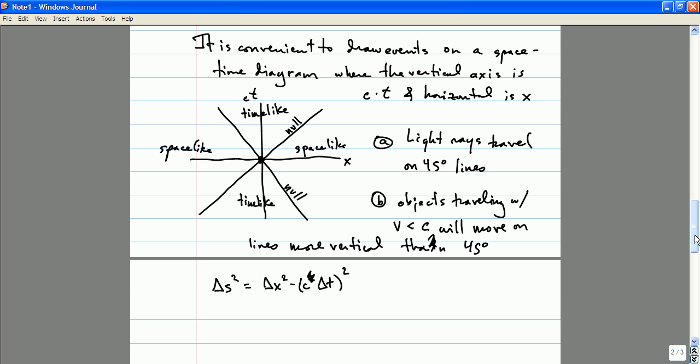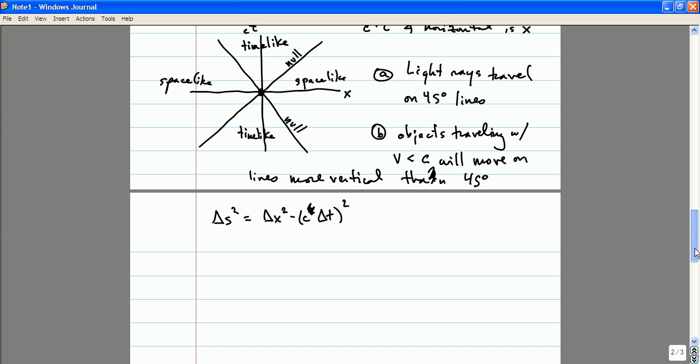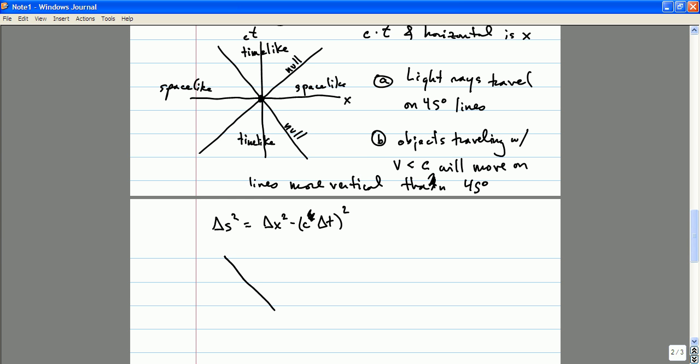Yes? Can you depict on this diagram what it looks like when delta s squared is negative? Okay. Let me redraw this diagram without using the coordinate axes. So if you have one event here at the origin, then points with delta s squared negative are time-like separated, and they live in one of those two quadrants.